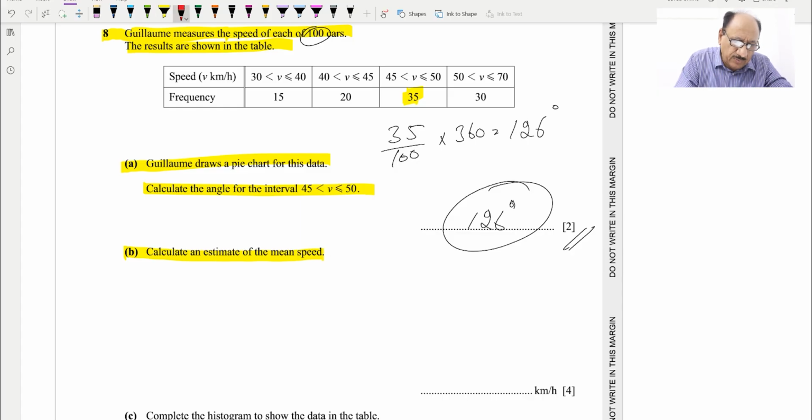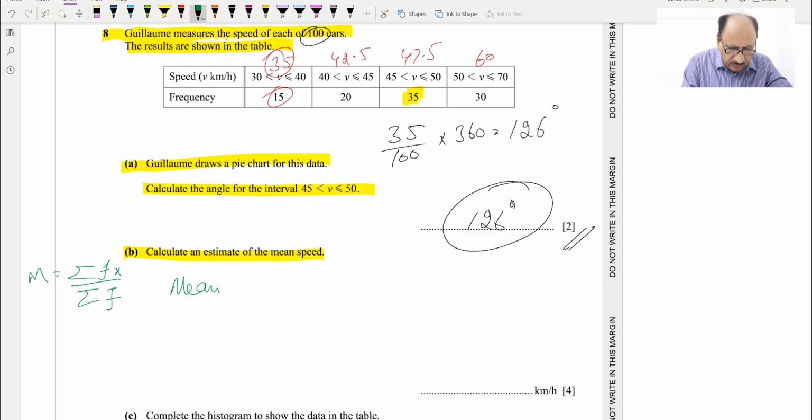For mean speed, we'll be taking the mid range. So the middle of 30 and 40 is 35, then 42.5, then next will be 47.5, then 60, and we'll be multiplying this with the frequency. The formula is sigma fx. Mean is equal to sigma fx over sigma f. This will be the formula.